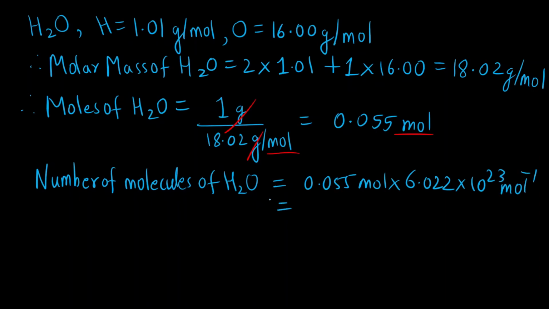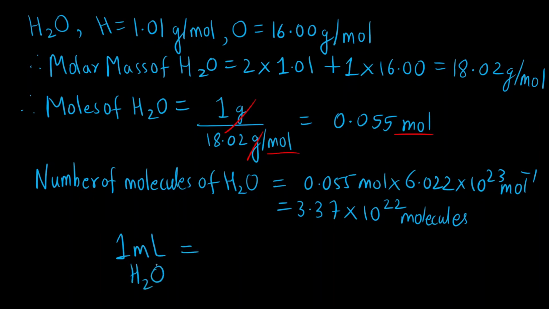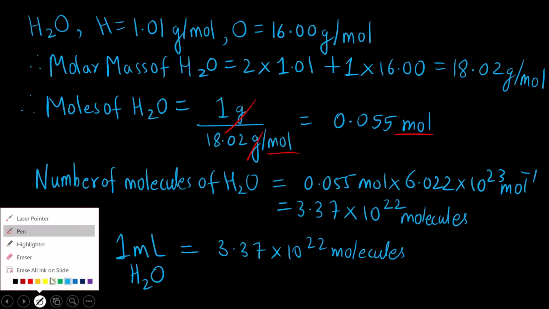So this answer comes out to be 3.37 into 10 raised to 22 molecules. This is a very important conclusion that we have found out. In just 1 ml of water, there are so many water molecules, as you can see here. 3.7 into 10 raised to 22 molecules are present in just 1 ml of water.